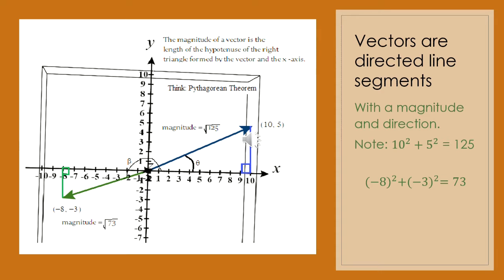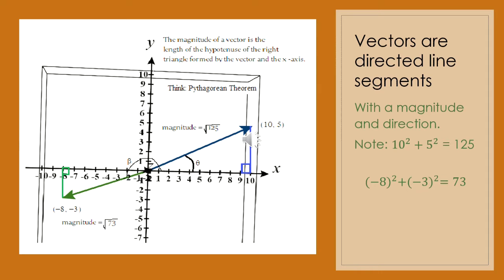Another example, if we had the vector with initial point 0, 0 and terminal point -8, -3, the length of that vector, again using Pythagorean theorem, would be the square root of 73 because the x length has length 8, so 8 squared is 64, and the y length is 3. 3 squared is 9. 64 plus 9 is 73.